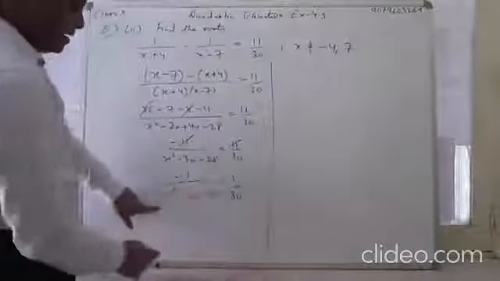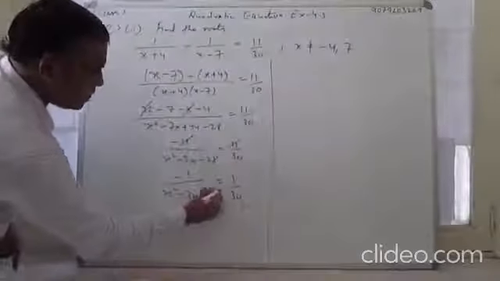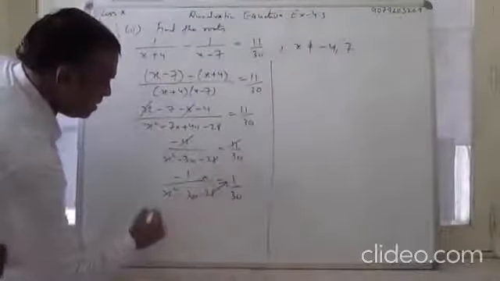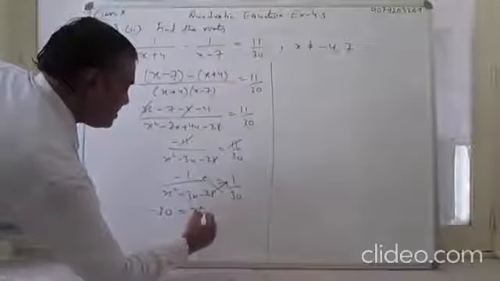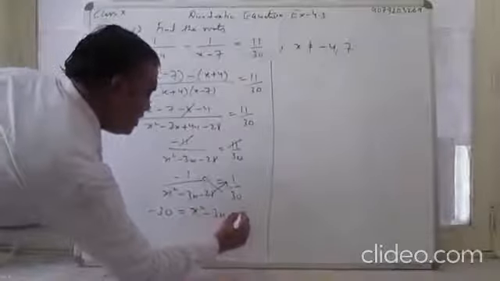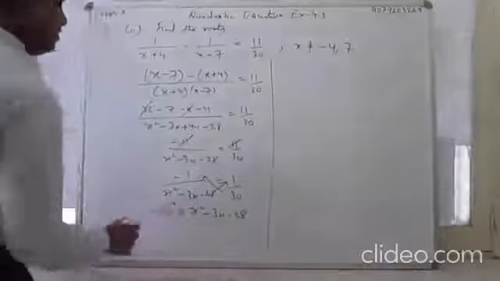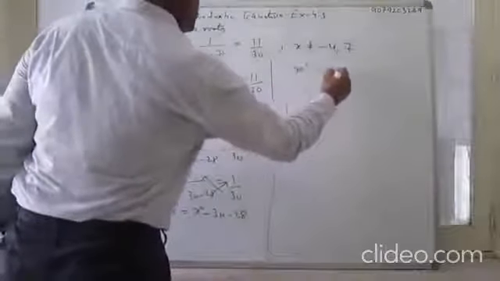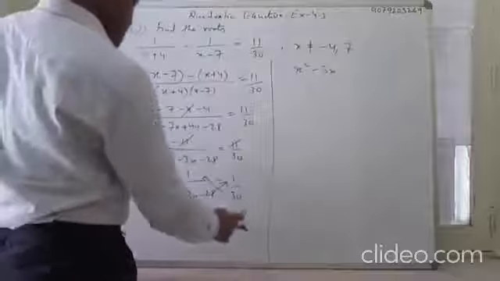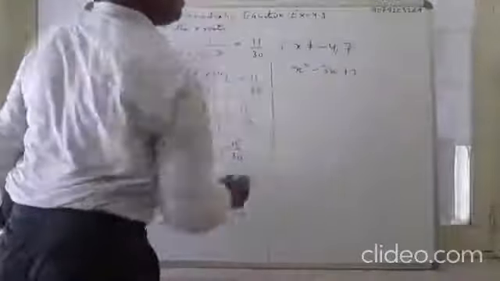Cross multiplying, you will get minus 30 is equal to x square minus 3x minus 28. Now transpose minus 30 to that side: it will give x square minus 3x minus 28 plus 30, which is plus 2, is equal to 0.